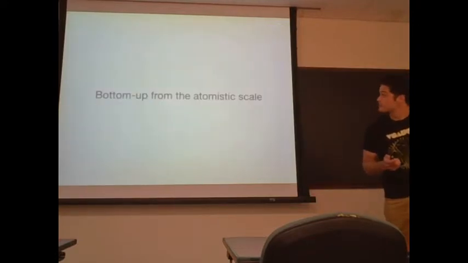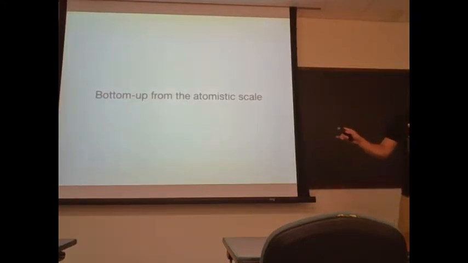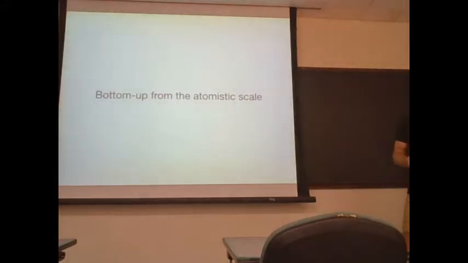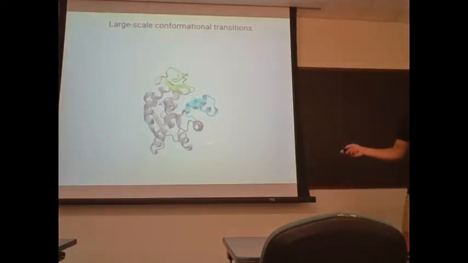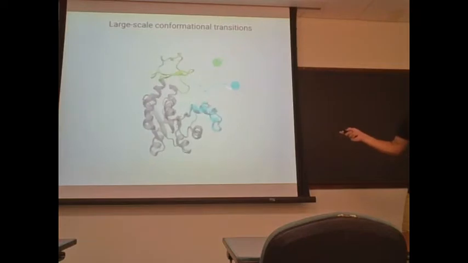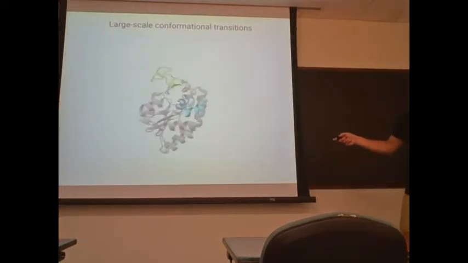All right. So, to attack this very broad problem, I'm going to start bottom up. We're going to start looking at a molecular system. I guess some of you have seen this, but maybe this is a good point of contact. If we're talking about so-called large-scale conformational changes of an enzyme, this is an enzyme with two mobile domains that are colored, and it basically binds some substrates, locks them into place.